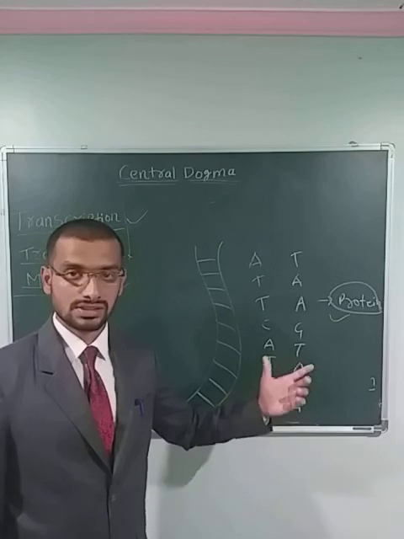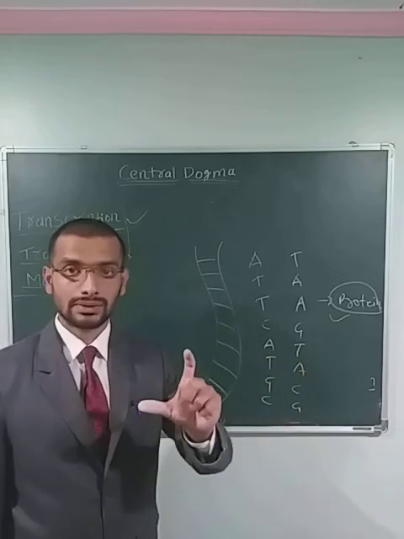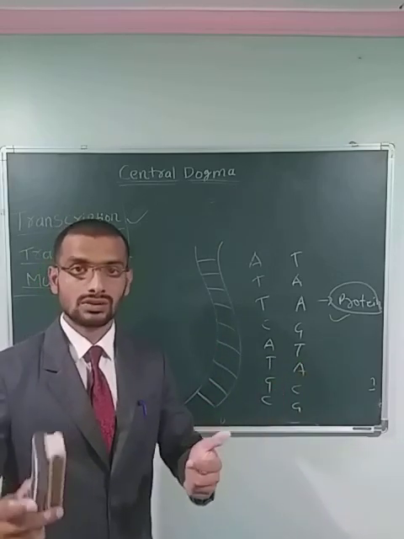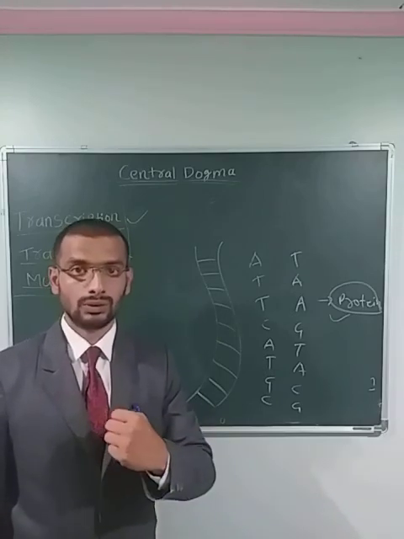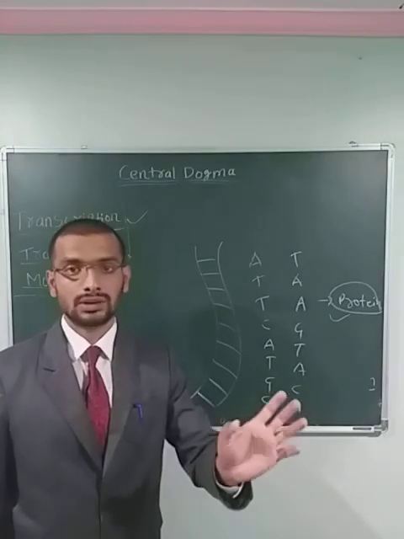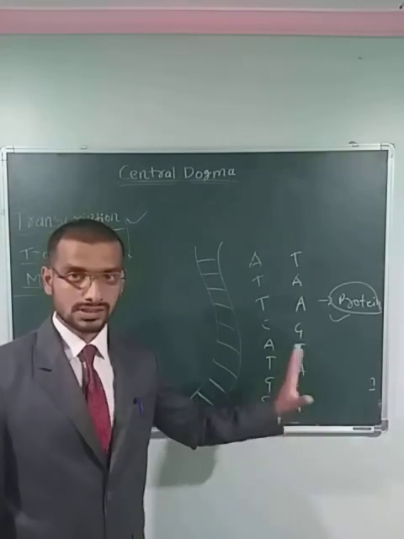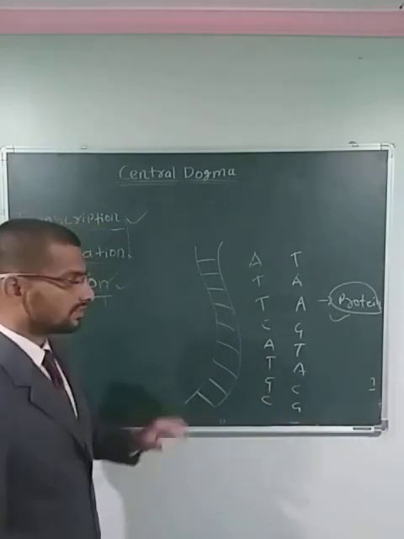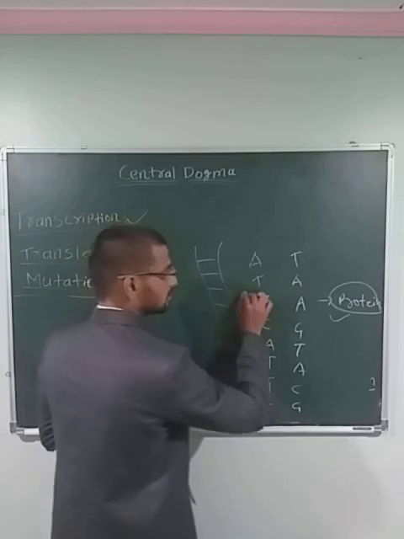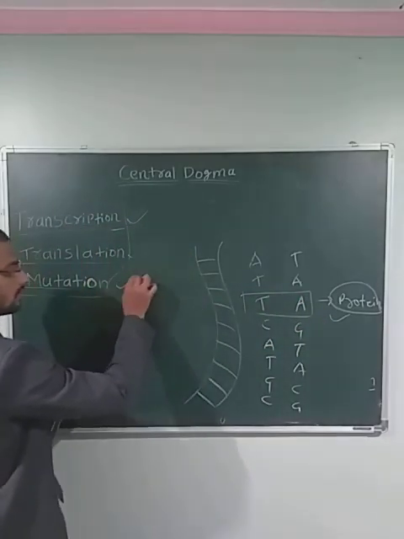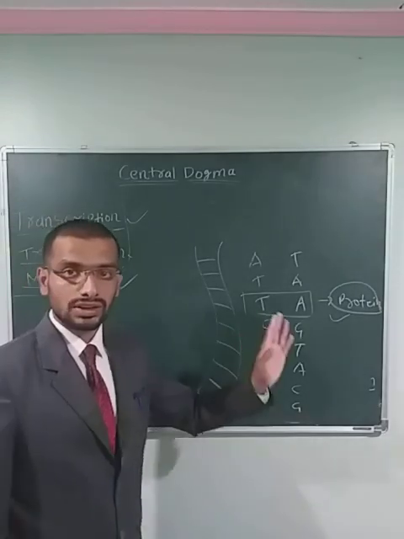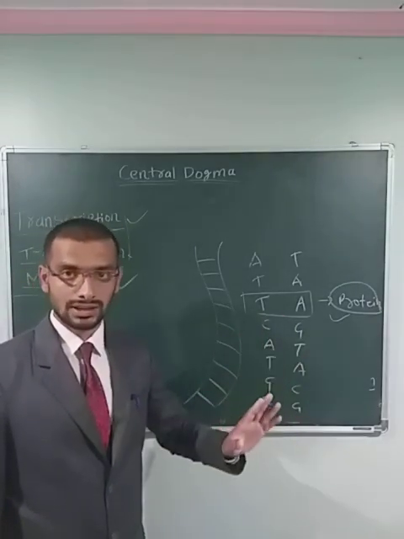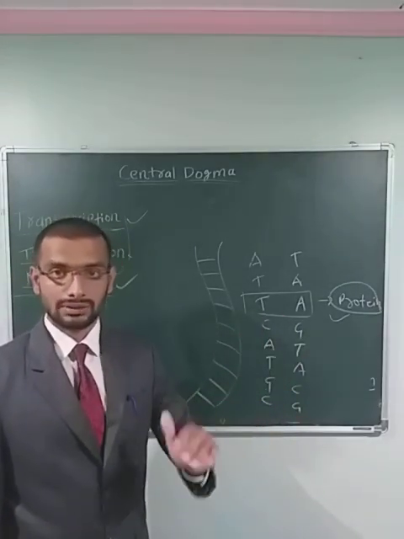If the sequence changes, the tRNA binding will change, the addition of an amino acid will change, and the protein we were looking for will not be as it is, it will be a different protein. This is called a mutation. Change in a nucleotide sequence is called mutation. A mutation can lead to various diseases, for example sickle cell anemia or albinism.